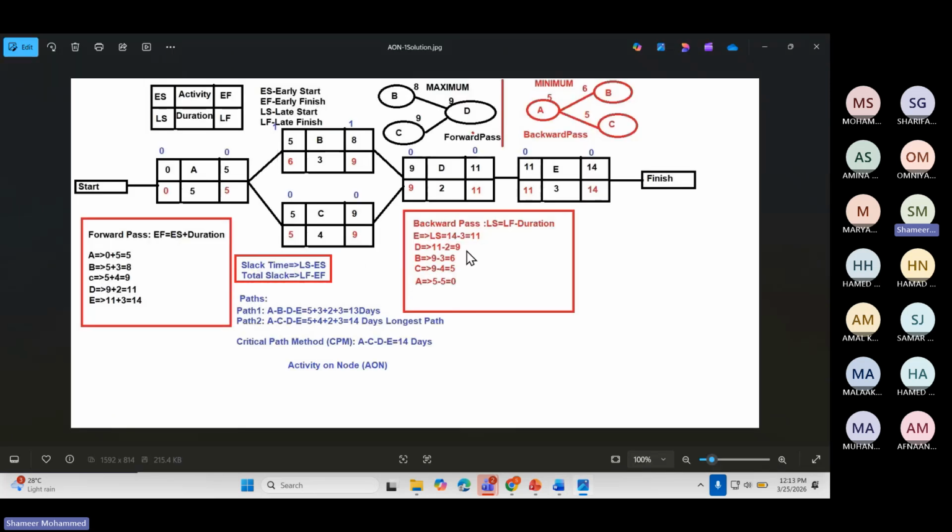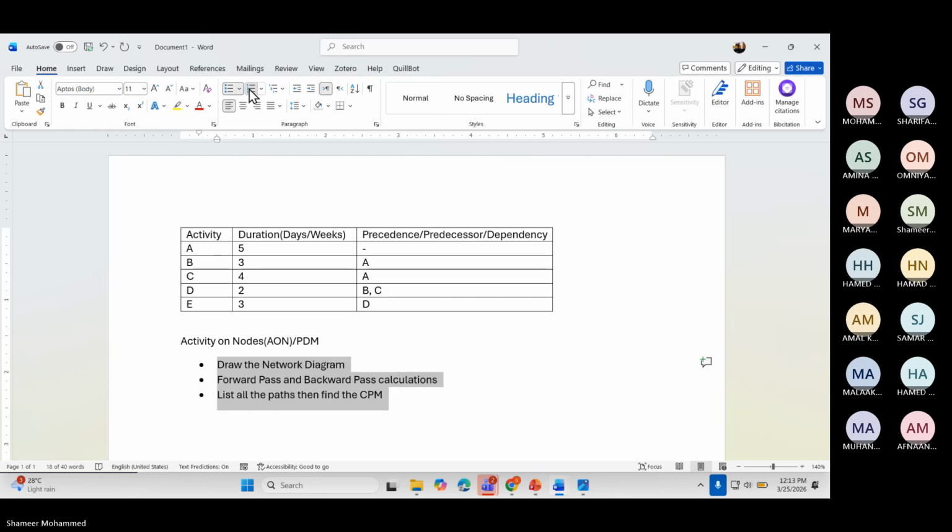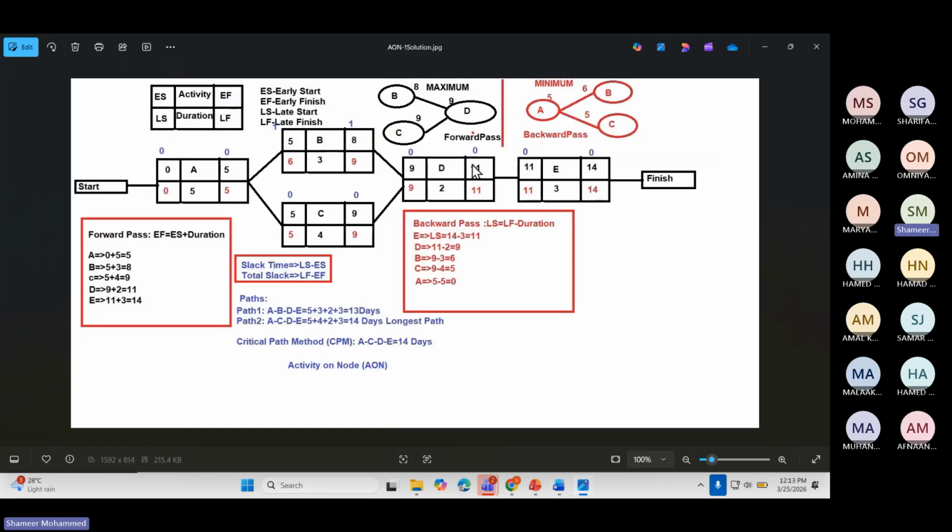So these are the paths you have, path 1, path 2. The longest path, CPM, is this one. Okay. So you have found this solution.